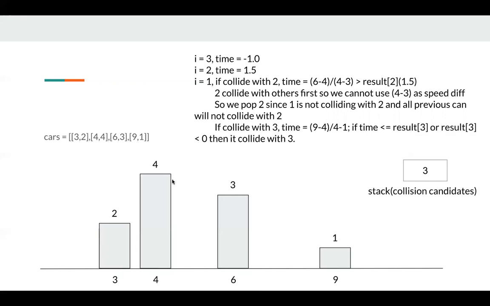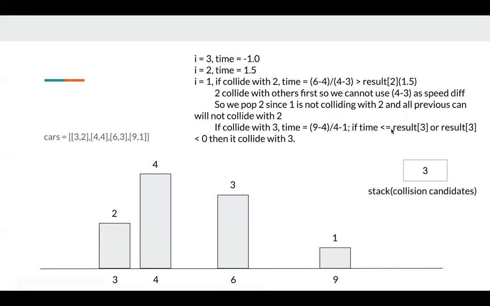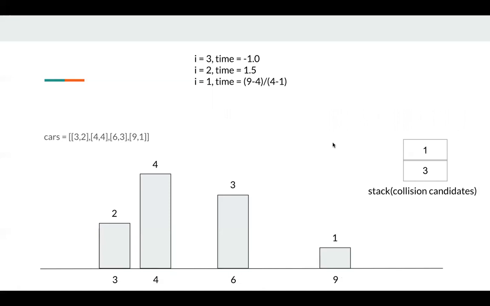For index 1, if it collides with 3, we know time is (9 minus 4) divided by (4 minus 1). If the time is smaller than or equal to result[3], or result[3] is less than 0, then it will collide with 3. So for i is 1, time is (9 minus 4) divided by (4 minus 1).